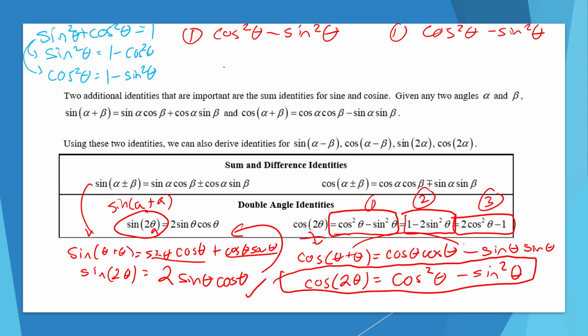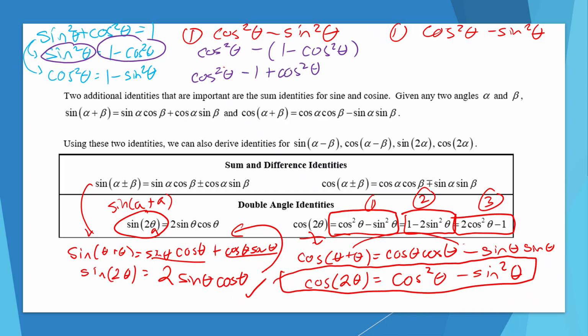For the first one, we substitute sine squared with 1 minus cosine squared. Minus 1 minus cosine squared theta. This becomes cosine squared theta minus 1 plus cosine squared theta, which is equal to 2 cosine squared theta minus 1. That is our answer, and that's how we get equation number 3.